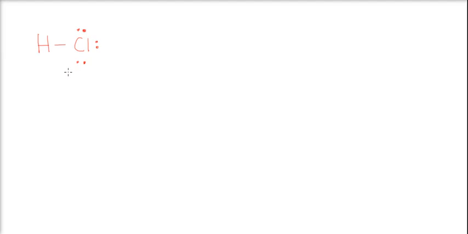If a molecule ends up becoming polar due to its geometry and the atoms involved, then the same principles that we do here are going to apply to that particular molecule. So I'll show you another example after HCl.